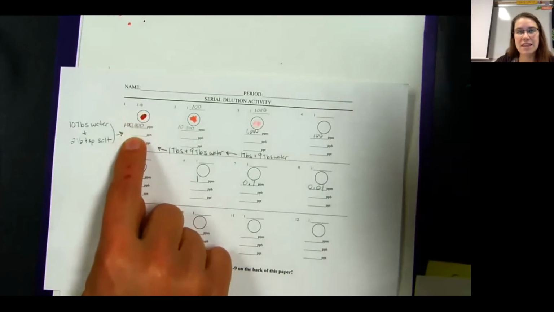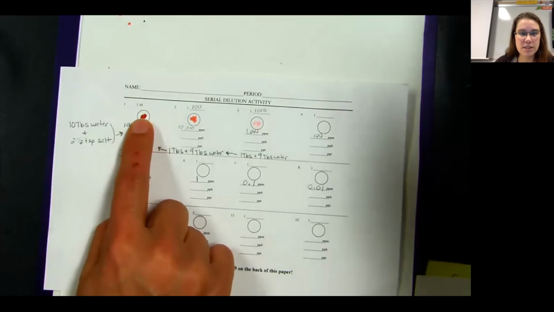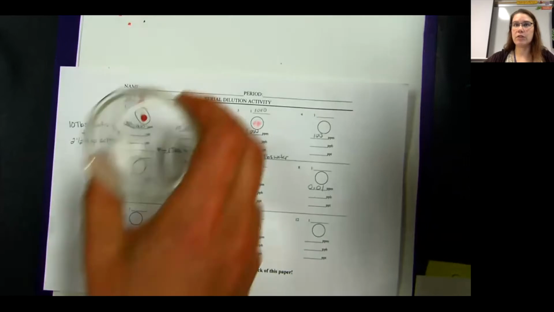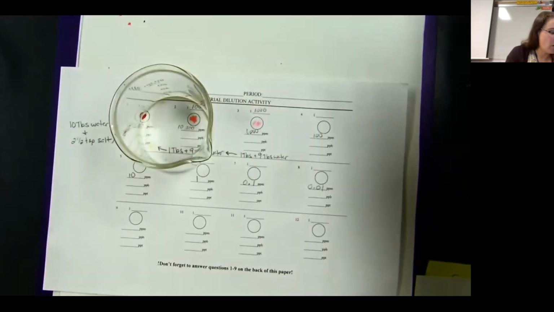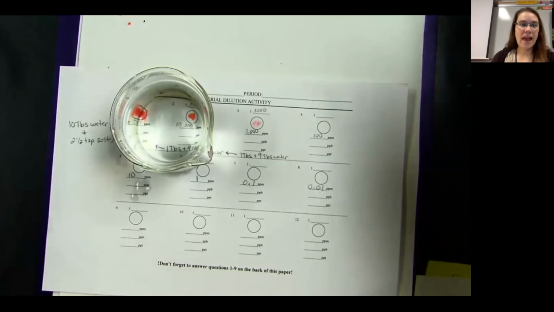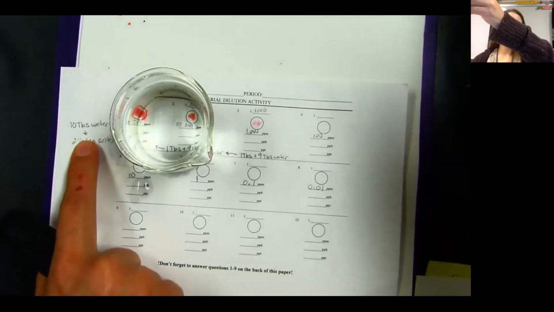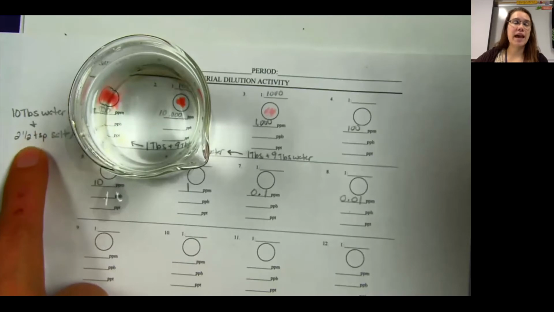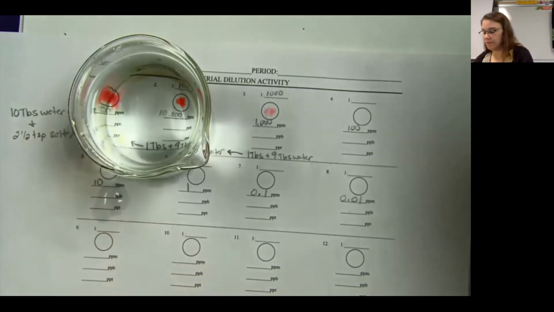So in order to make this first, most concentrated solution, you're going to have a container, and in that container, you are going to put 10 tablespoons of water. And to that, you're going to add 2.5 teaspoons of salt. 10 tablespoons of water and 2.5 teaspoons of salt.